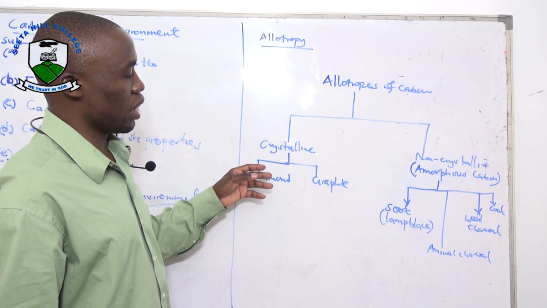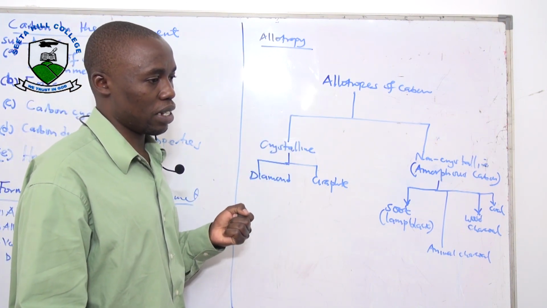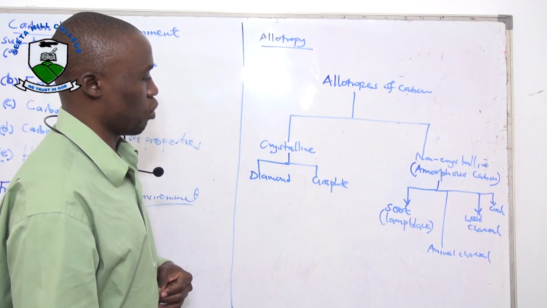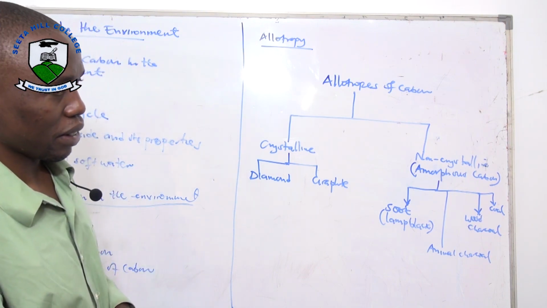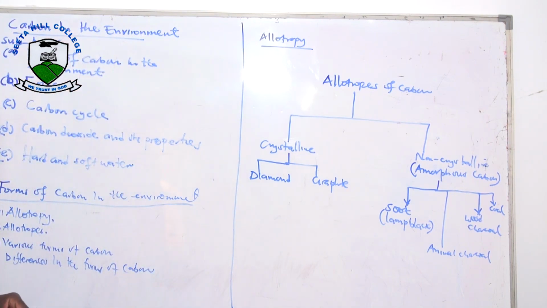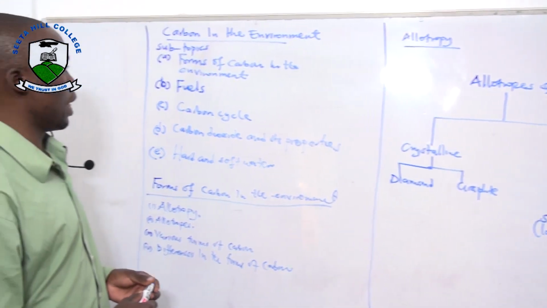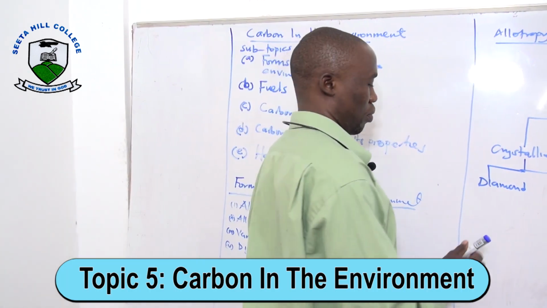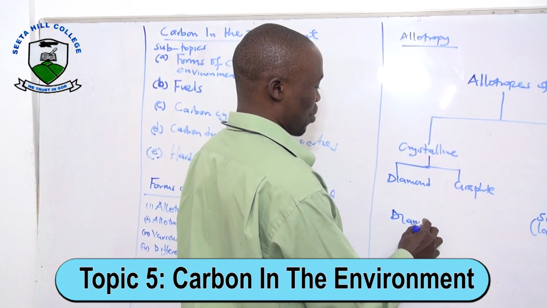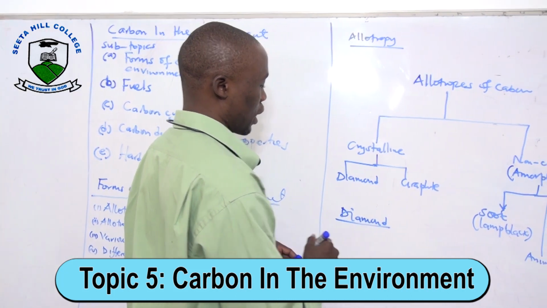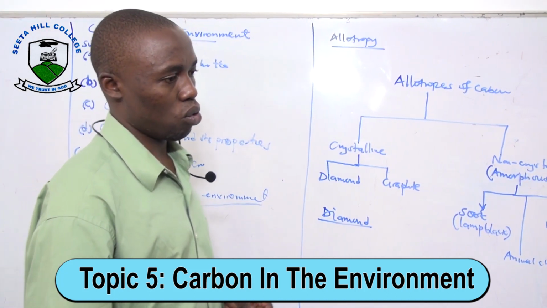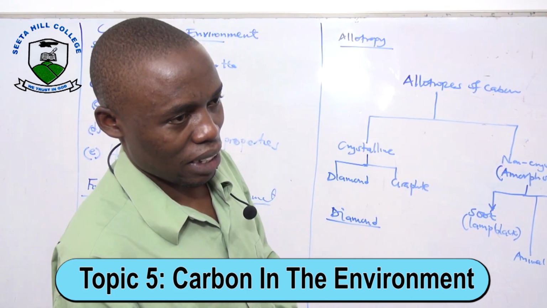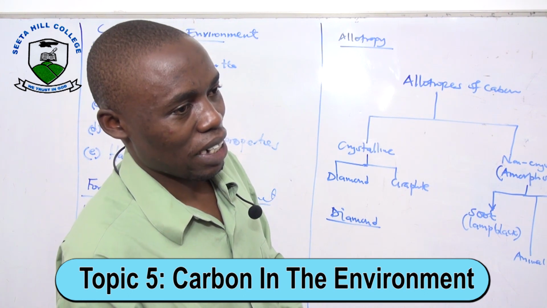To be crystalline is to have a shape and ordered arrangement of the particles in it. Let us start with diamond. Put diamond in Google and look at it. It's very colorless. Can a solid be colorless?